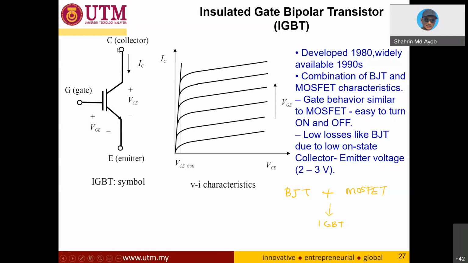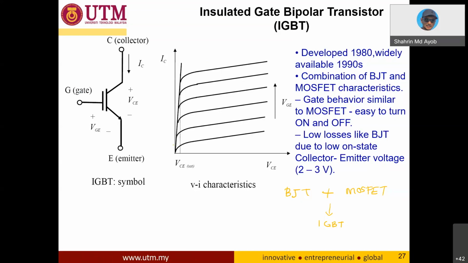So you have the collector. In the MOSFET this is called the drain, but in the IGBT it is called the collector. Then the emitter, like a BJT, but the control terminal, instead of using B, uses the MOSFET terminal name, which is gate. The control part is controlled by the VGE.